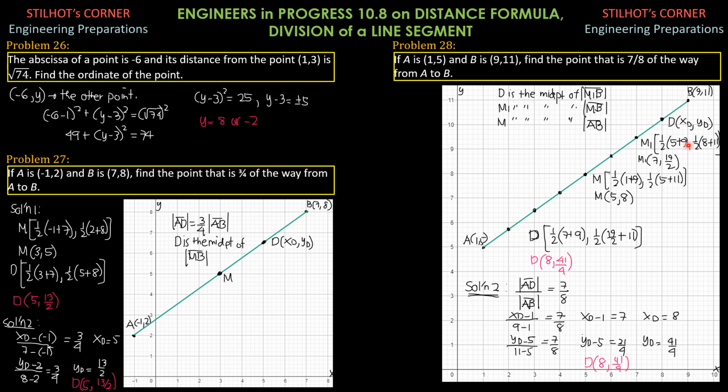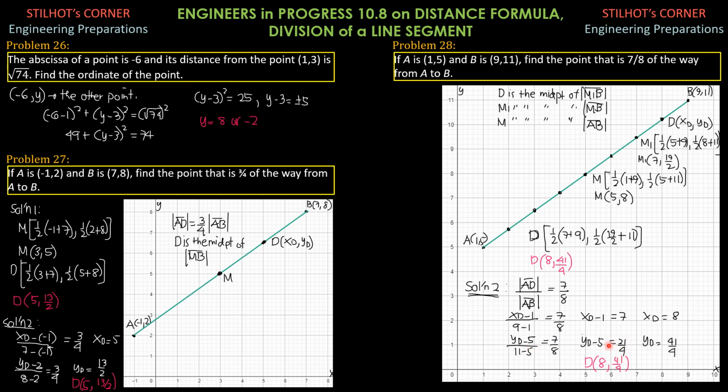Then for Y, YD minus 5 as to 11 minus 5. So YD minus 5 over 11 minus 5 is 7 over 8. So this is 6 times 7 over 8, which can be reduced to 3 times 7 over 4. 3 times 7 over 4 is 21 over 4.